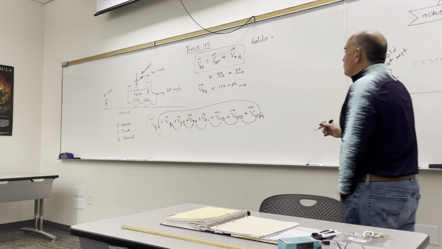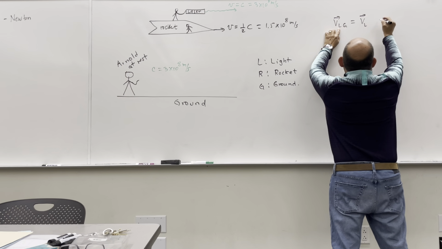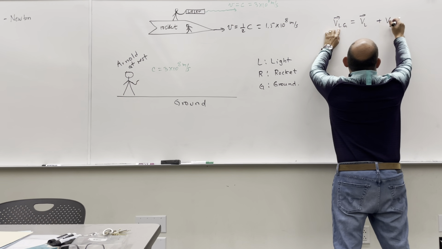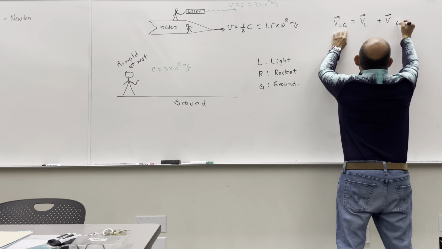So the velocity of the light relative to the ground, if we use this, would be L is the first letter, and then there's something else, plus whatever this is, and then the last one has to be G. And what is the letter that I'm missing? Rocket. The rocket, right? So then R.